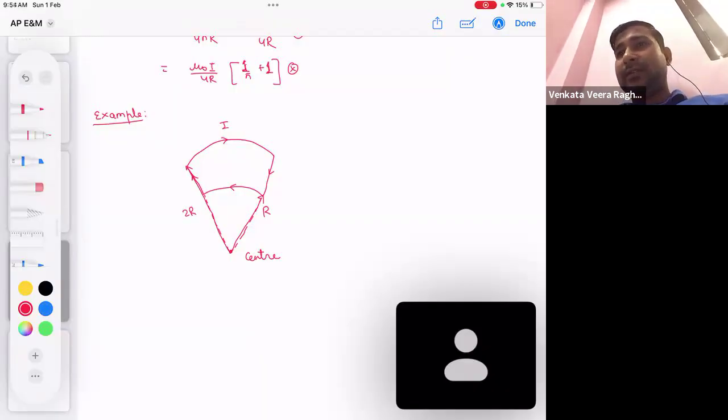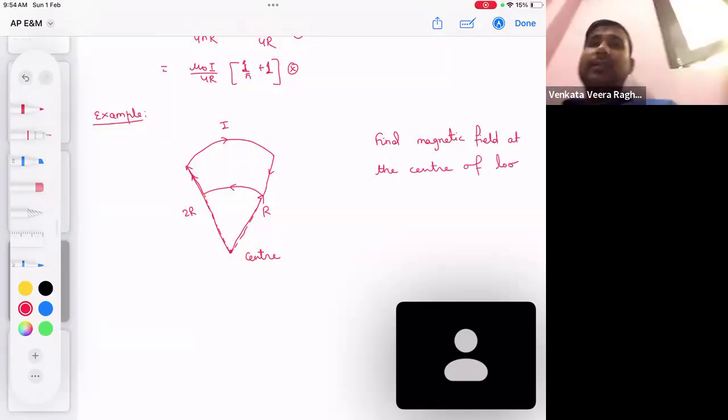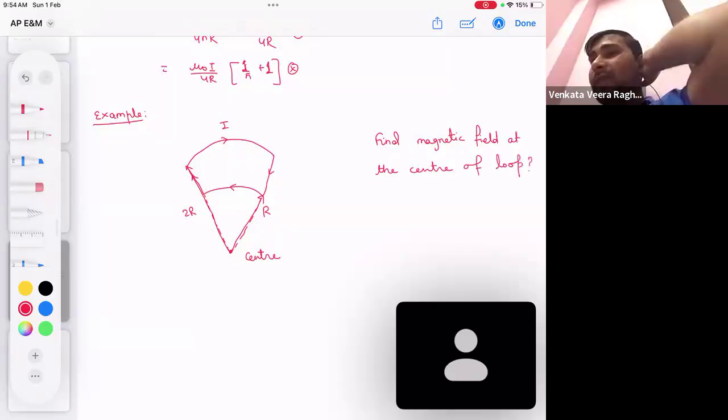Now they are asking in the question, find the magnetic field at the center of the loop. So try this question.